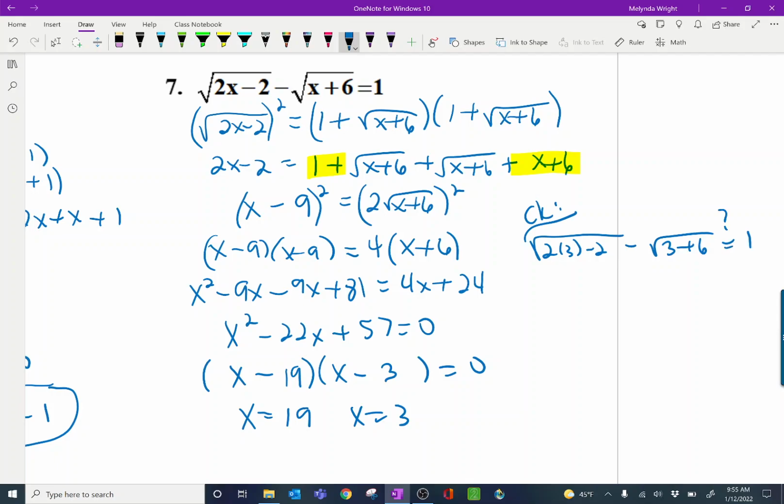Okay, so let's see, 6 minus 2, that's the square root of 4. 6 plus 3 is 9. Does that equal 1? So I've got 2 minus 3. Does that equal 1? No, it equals negative 1. So this is not an answer, and this is the only answer. All right.